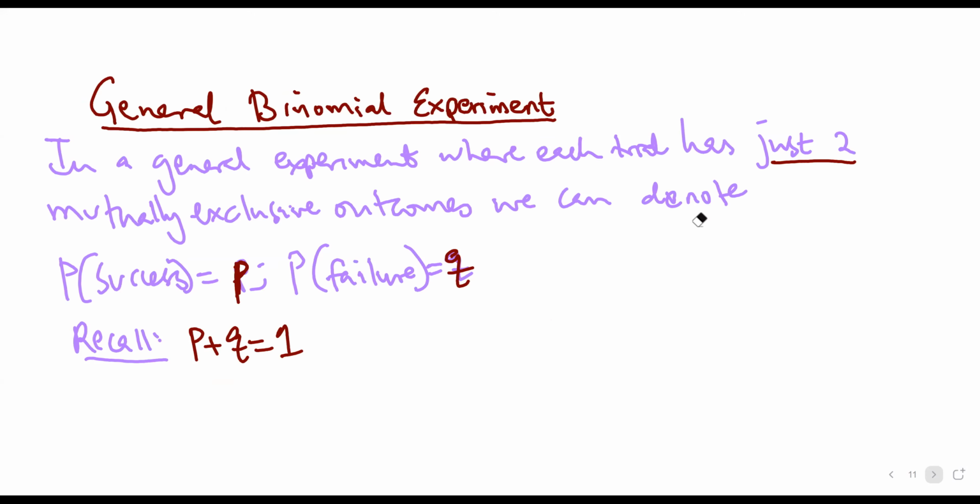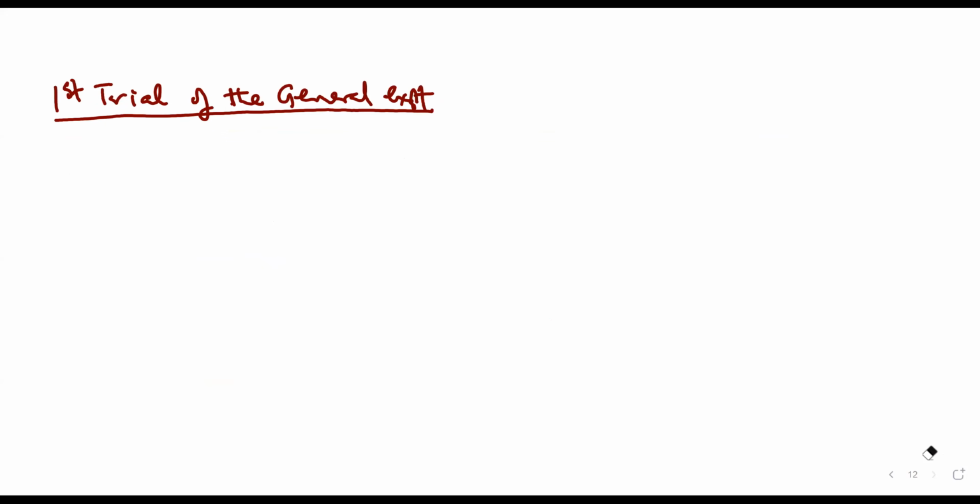As learned in Business Statistics 1, one easy way of displaying probabilities is the use of tree diagrams. So we can illustrate this experiment using a tree diagram like this. The first trial will look like this. It will either be success or failure.